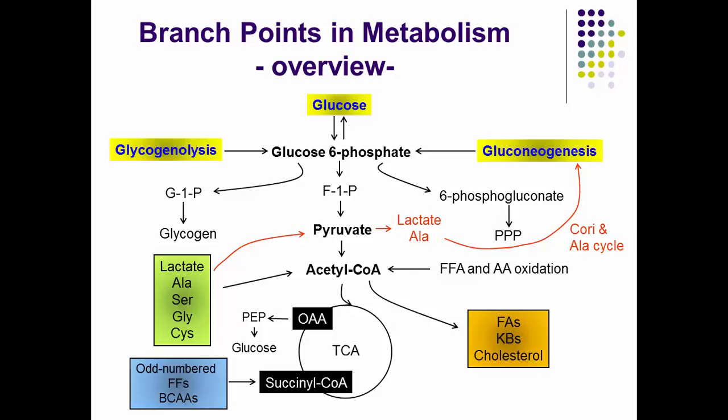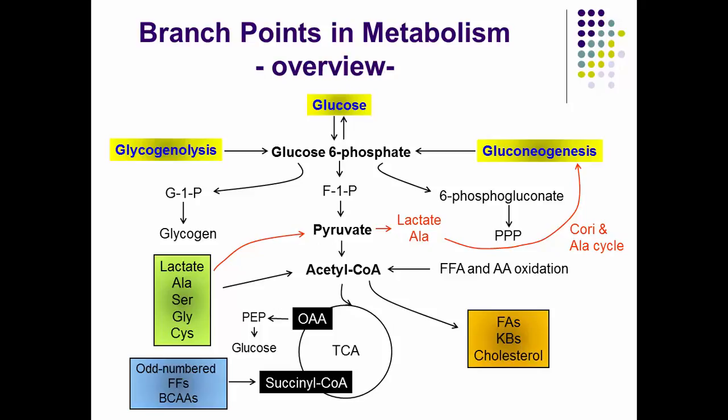And glucose 6-phosphate can also be converted to glucose 1-phosphate for glycogen synthesis, and also connects to the pentose phosphate pathway, right? And pyruvate, we know that it can be derived from glucose or amino acids and can be converted to lactate depending on the physiological conditions, in fasting, for example, right?